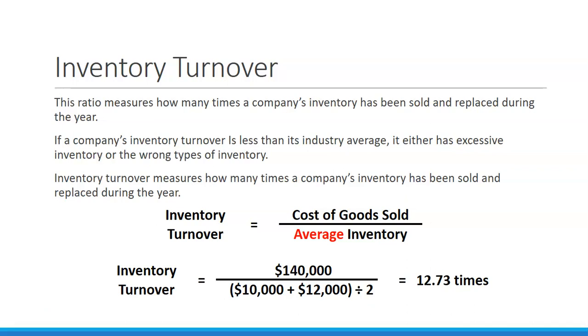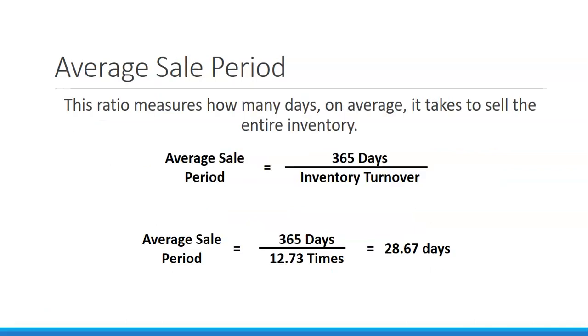We also have the average sale period. This is the average number of days that inventory sits on our shelves. We take 365 days and divide it by that inventory turnover that we calculated from the last slide.